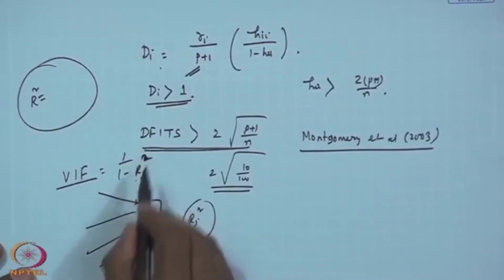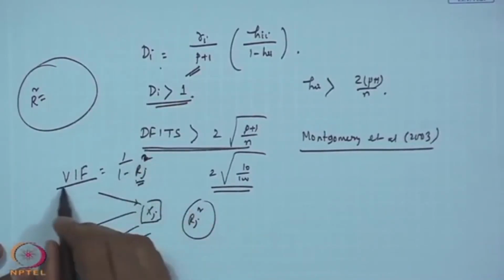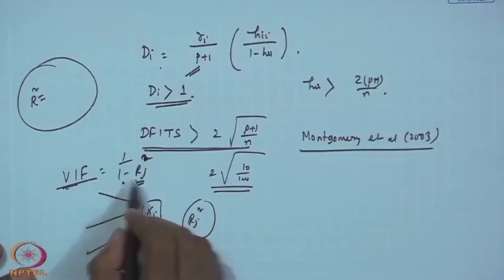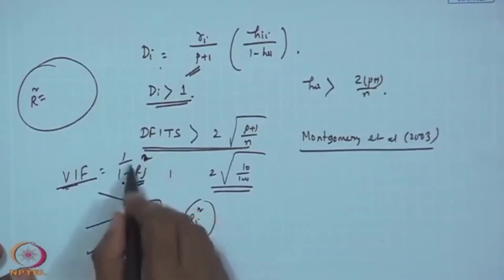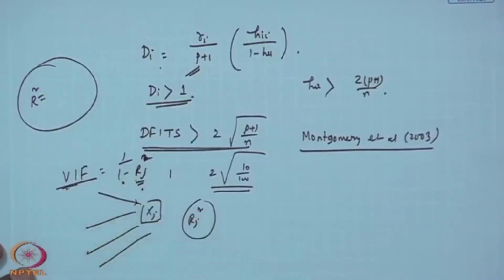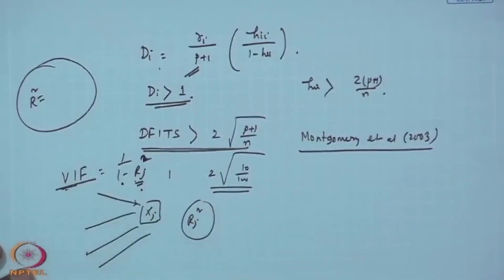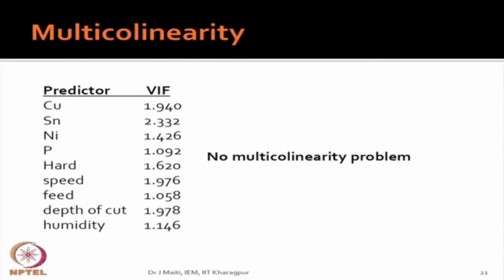Now, if your Rj square is 0, then VIF will be 1. If your Rj square is 1, then VIF will be infinite, very large. In this case none of the VIF values are large, so they are not showing any multicollinearity problem. Even though one or two things are like this, no multicollinearity problem is there. Getting me?